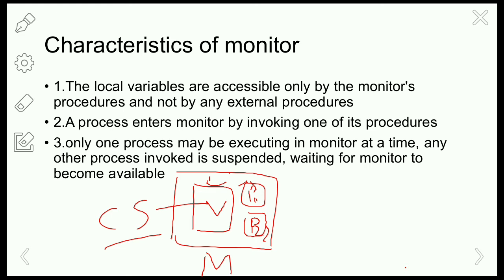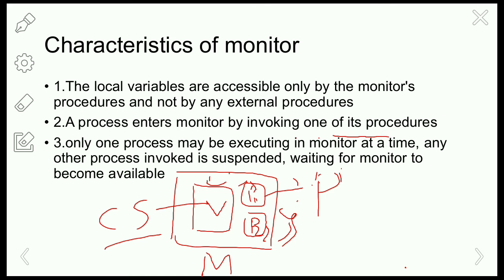Okay, if you consider the process P1, so here a particular process wants to access the monitor, then it can access only through the available procedures only. And a process can enter the monitor by invoking only one of its procedures.